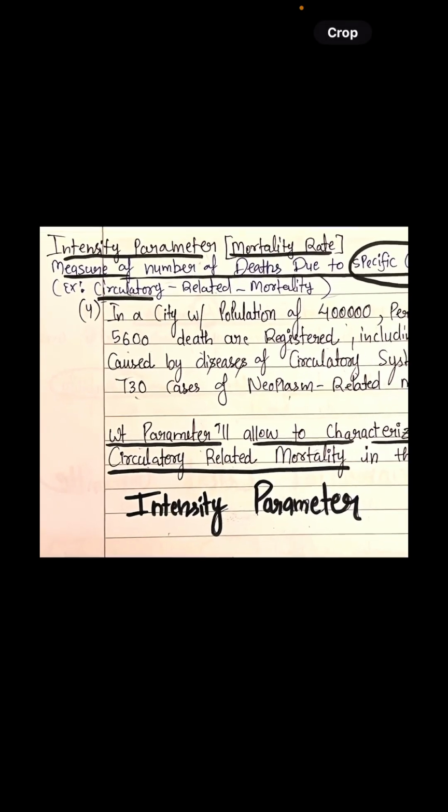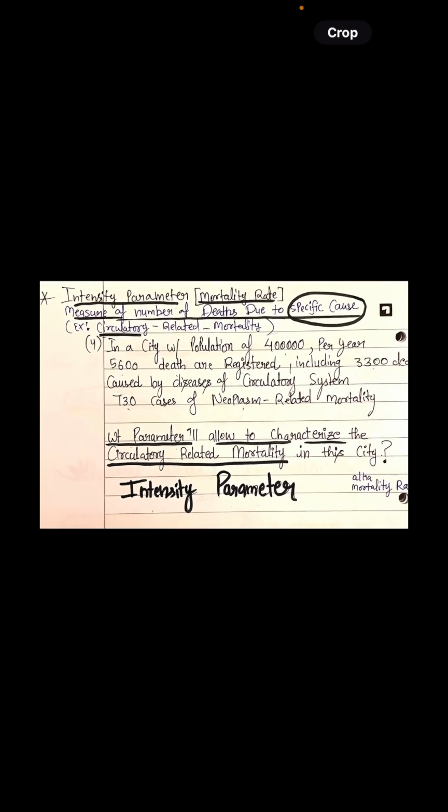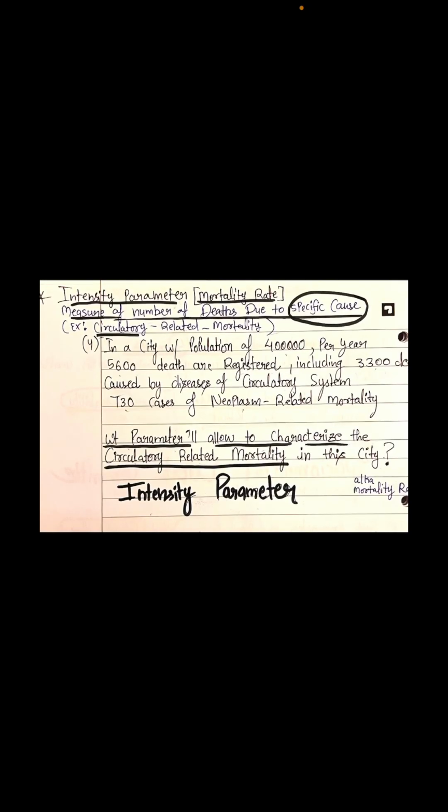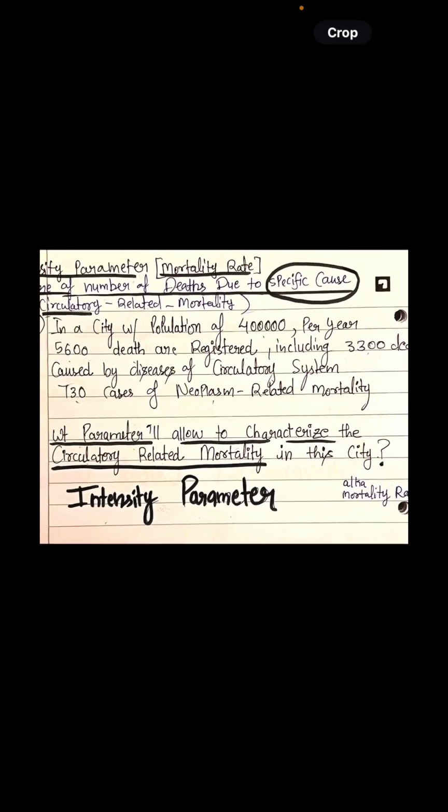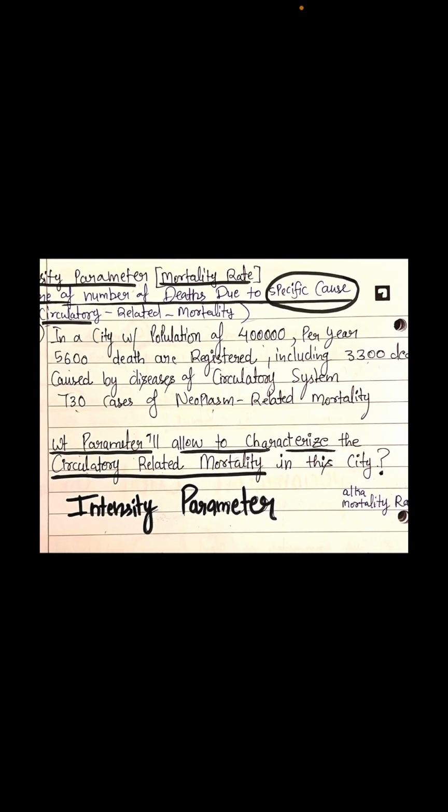Next is intensity parameter. Intensity parameter is also known as mortality rate. It measures the number of deaths due to any specific cause, for example circulatory related mortality. I have taken this example from the KROK question itself. So let's see the question. In a city with the population of this per year, 5600 deaths were registered, including 3300 deaths caused by the diseases of circulatory system, and this many deaths caused by neoplasms.